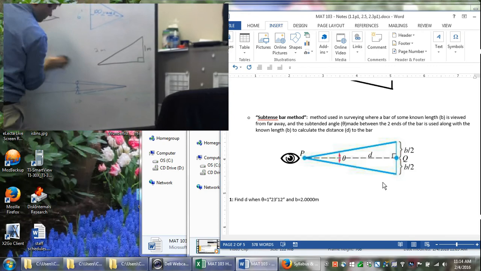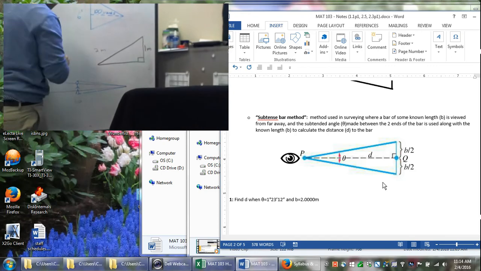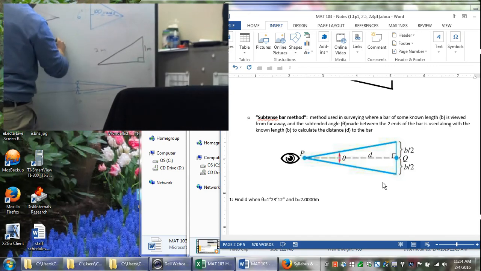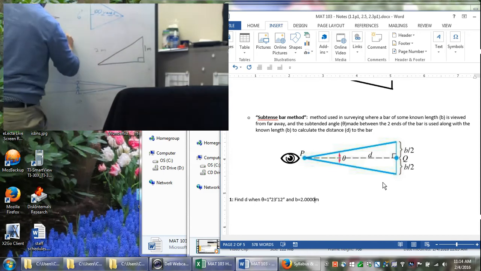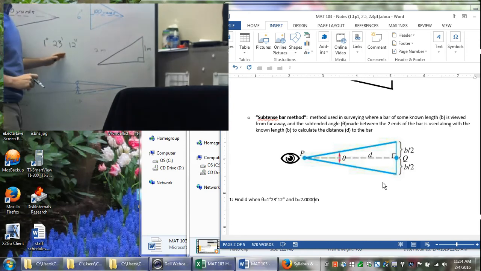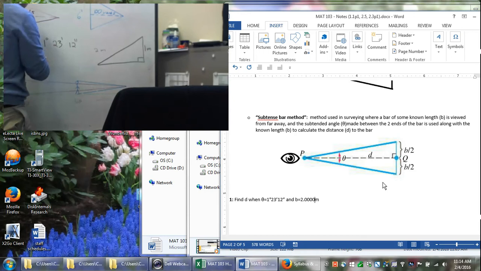We only need the right triangle, so I'm ignoring that part. That part I've shaded here. So since the whole length here was 2 meters, I know this is 1 meter. In your notes here, we've got that described as b over 2. If you know your bar length, you divide it by 2, and that tells you the length of your right triangle there. Okay, next up is this angle.